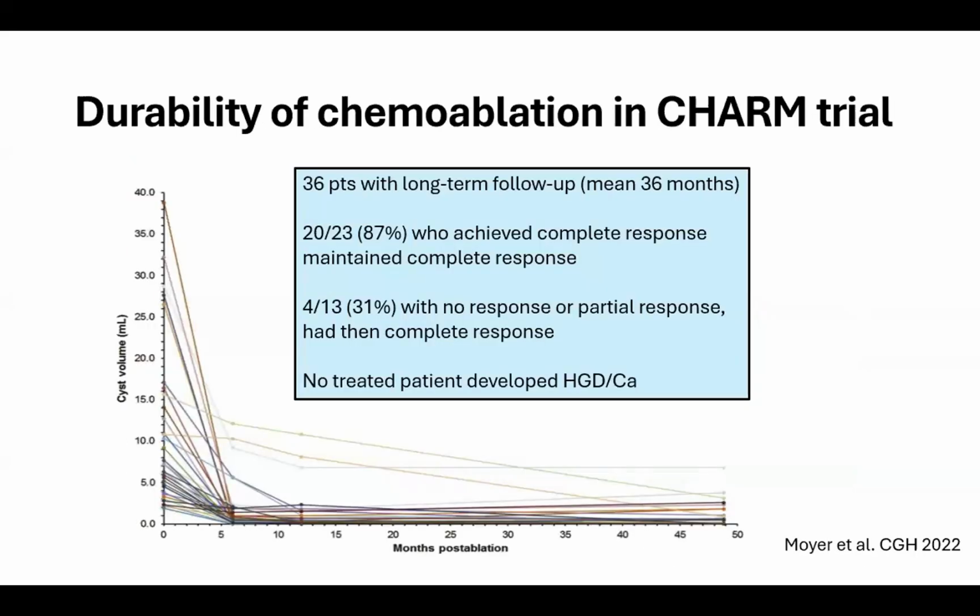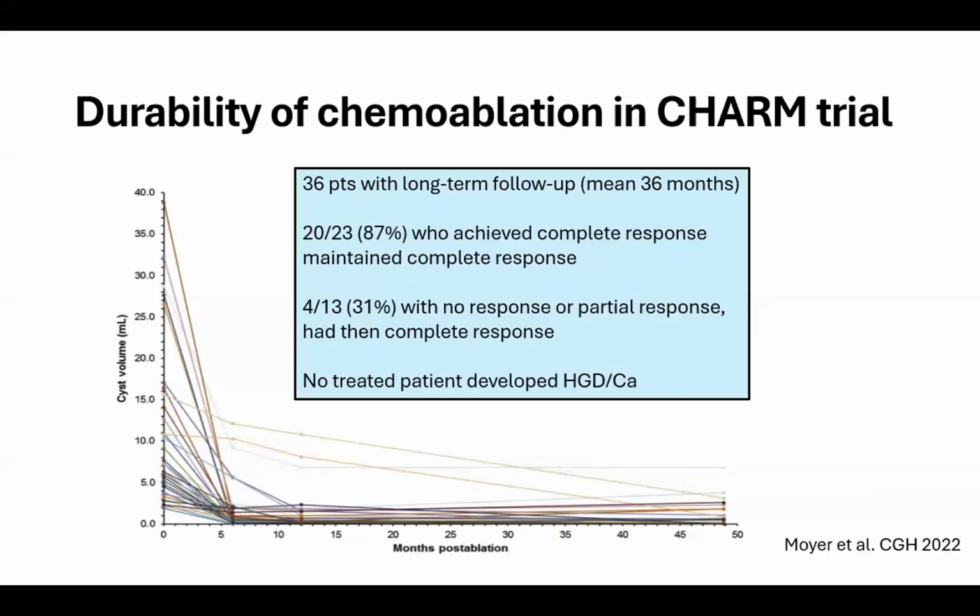Now, when they look at the long-term outcomes of doing chemoablation within this same cohort of the CHARM trial, they published this a few years ago of the 36 patients that they had a long-term follow-up at 3 years. They found that 87% who had achieved complete response maintained the response at the 3 years.